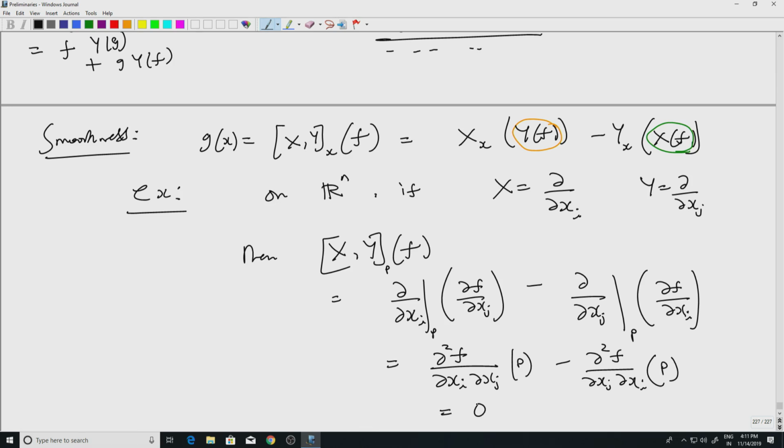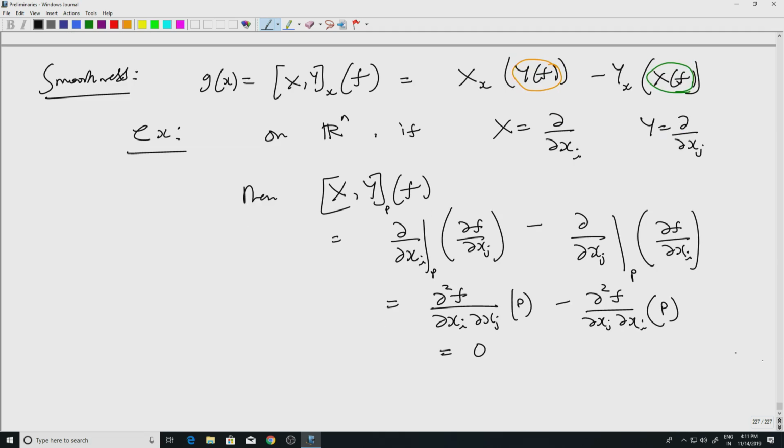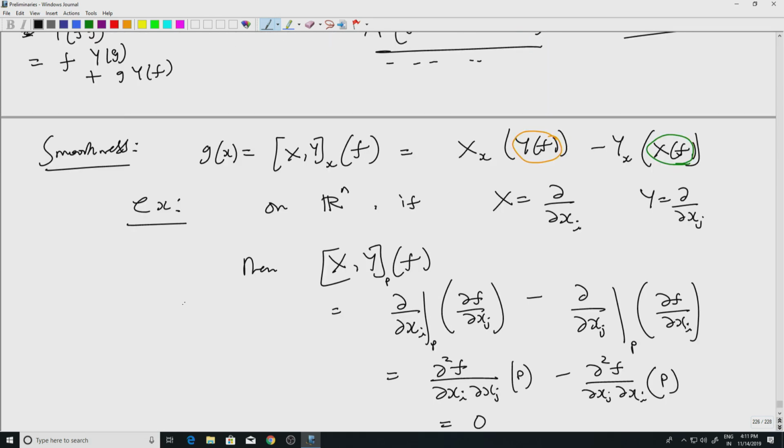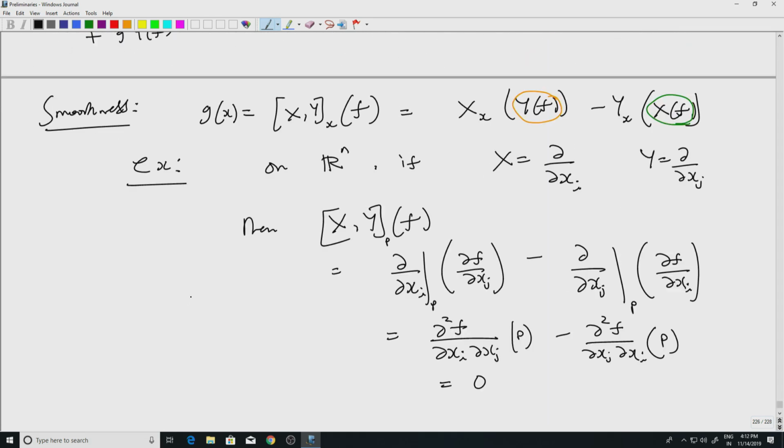So therefore this is 0. So if we start with any two of the standard vector fields, namely the partial derivative vector fields, the Lie bracket is 0.